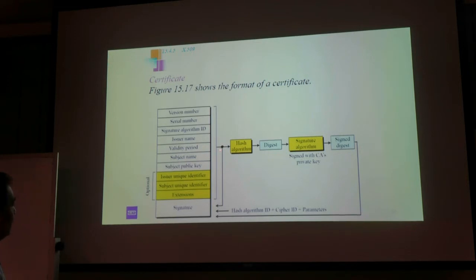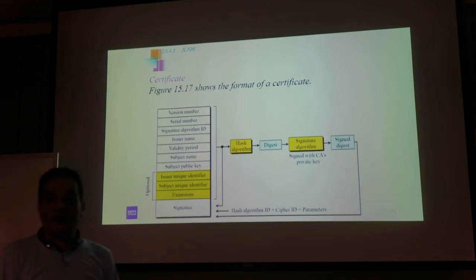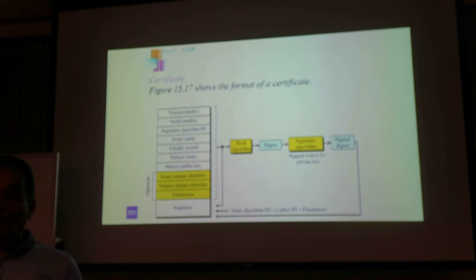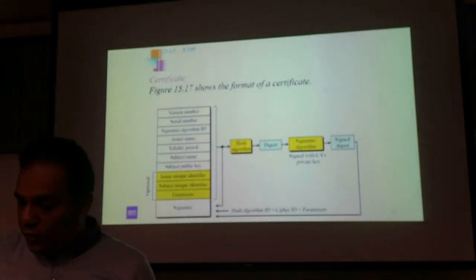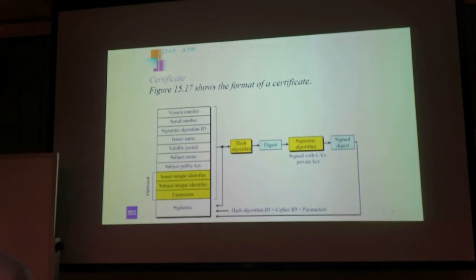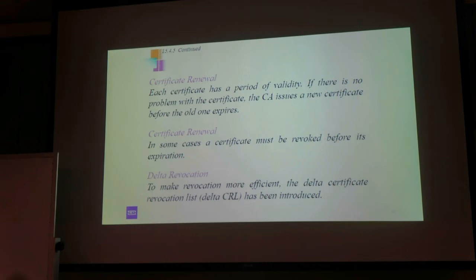So the signature has all of these plus the hash algorithm ID that you used, the cipher ID, the parameters, and the digest. That's the certificate. A certificate is information with a signature, exactly like any document you have. You have information, and in the end you're going to have your signature.